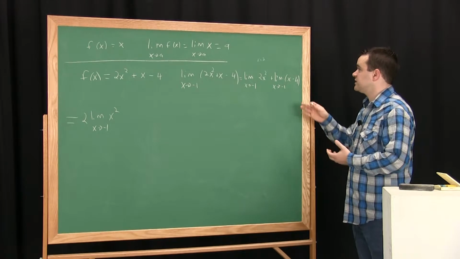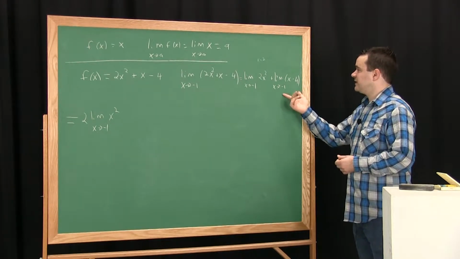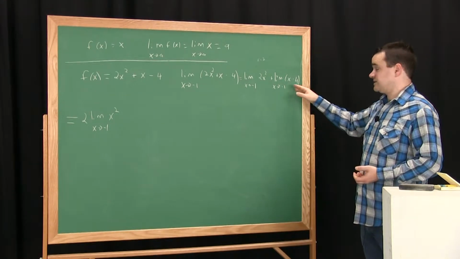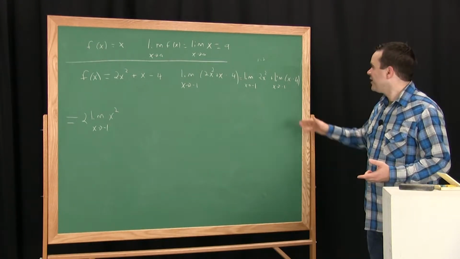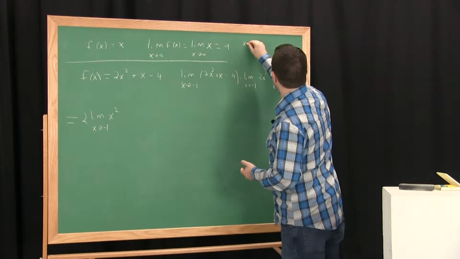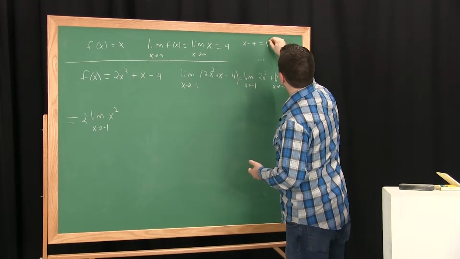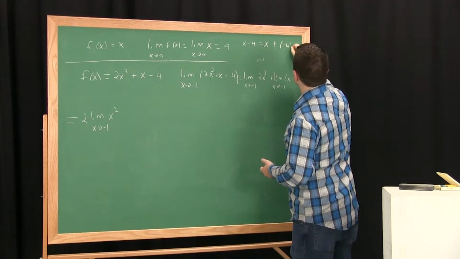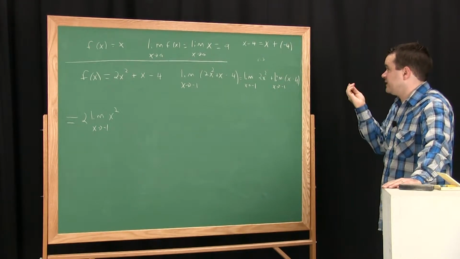And you might say, well, Ken, you can't use the sum rule for limits because that's not a sum. Or is it? Because you can think of x minus 4 as x plus -4. That might seem a little strange, it's a little funny, but it's legitimate, it's valid.